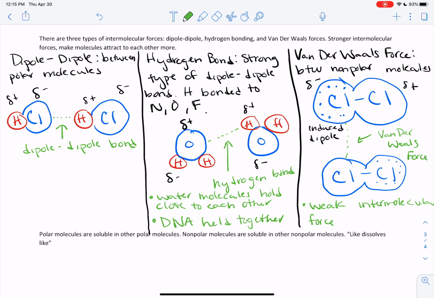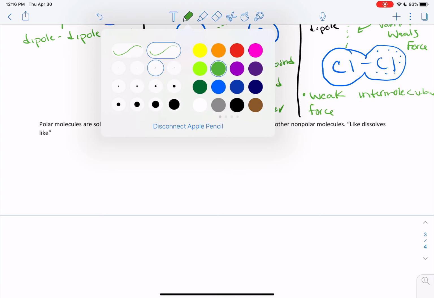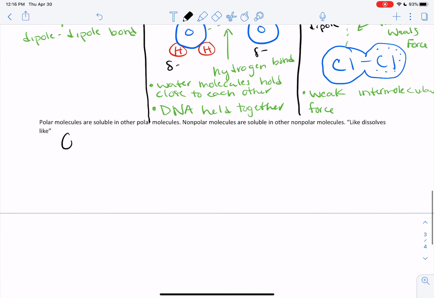Okay. So the last thing we need to know is that polar molecules are soluble in polar molecules, and nonpolar molecules are soluble in other nonpolar molecules. And we can summarize this by saying like dissolves like. So for example, oil is a nonpolar molecule.